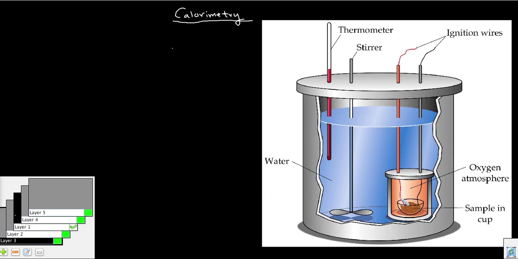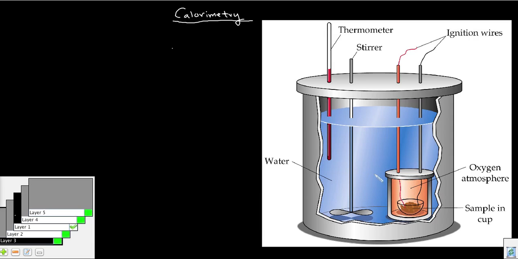So what's going to happen? Well, this is the hotter object and this is the colder object. The rule is that the heat will always flow from the hot to the cold until they're equal.